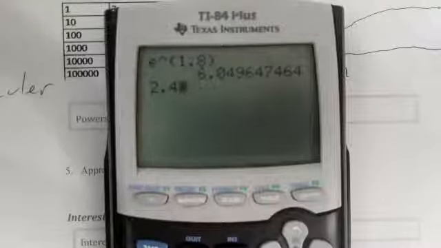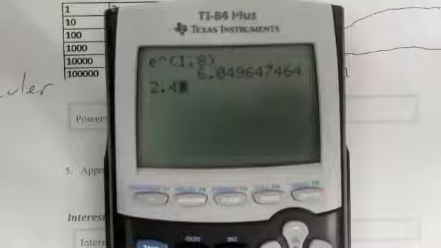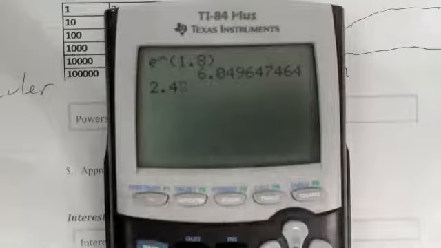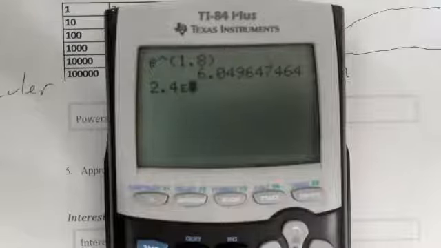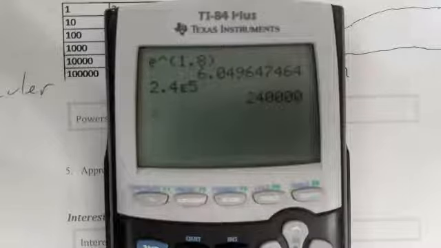If I want to do the uppercase E, that would be scientific notation. So this would be like 2.4 times 10 to the, I don't know, 5. That's scientific notation, just to remind you how the calculator types things out.